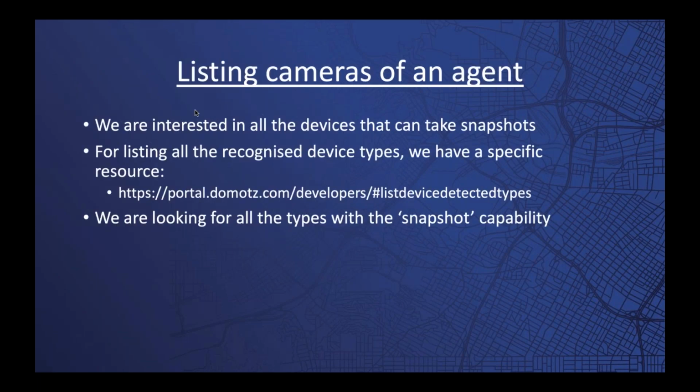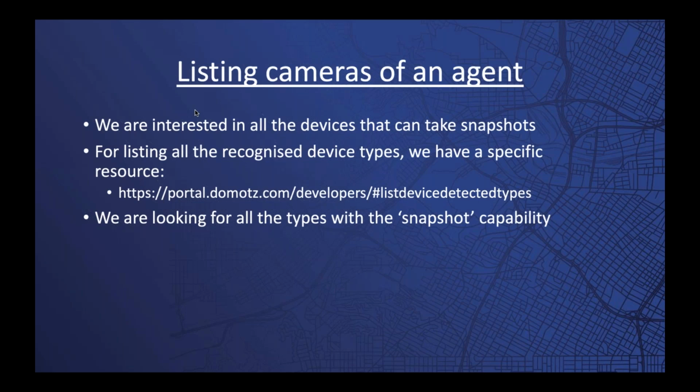After we get all the agents and we choose the one we want to get the cameras from, we need to filter out all the devices, that can be hundreds of them, in order to choose only the cameras, all the devices that can get a snapshot, actually.